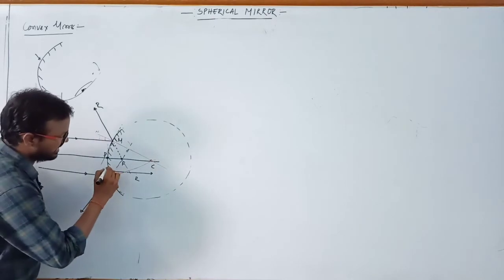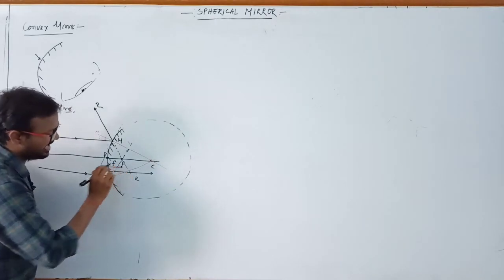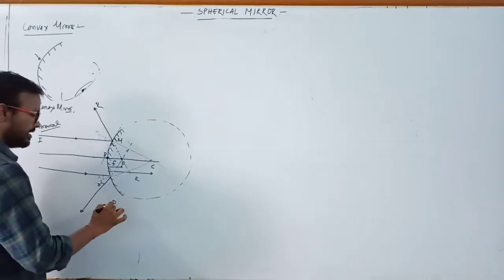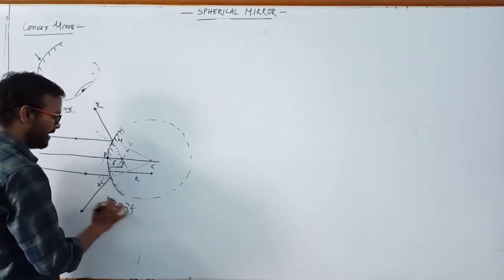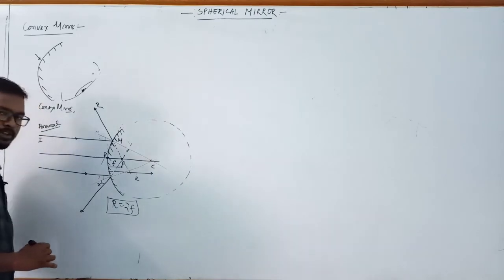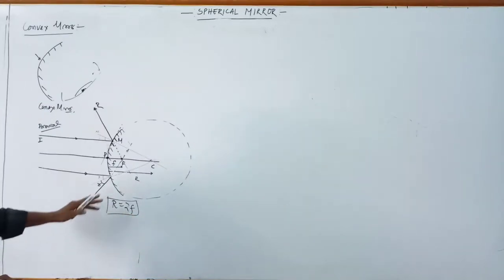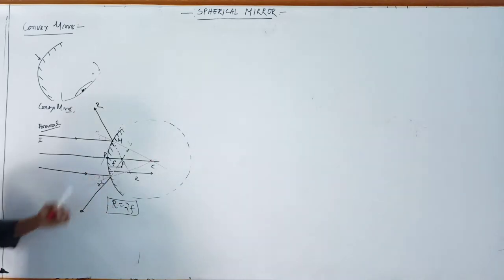Clear? And this distance is known as F, the focal length. We already know that R equals 2F. What is R? R is the radius of curvature, which is 2 times the focal length. That means it is the same for concave mirror and convex mirror.